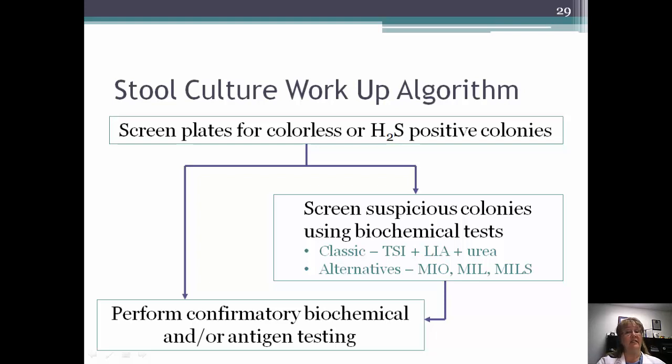And then some laboratories that have a very low volume may choose to just go ahead and perform confirmatory biochemical or serologic testing directly from their colorless or H2S positive colonies. Now, the problem with this algorithm, as we all know, is it has relatively poor sensitivity because we end up doing a lot of work, a lot of false positive colonies, for a relatively low yield, right?